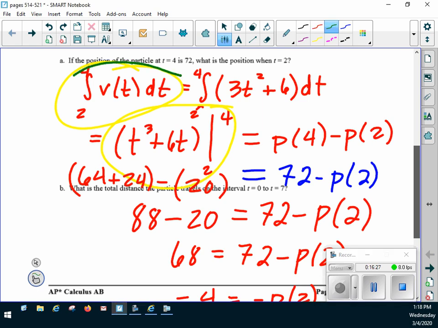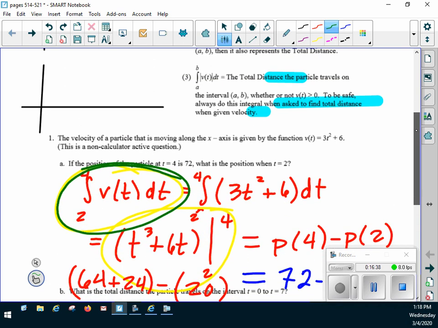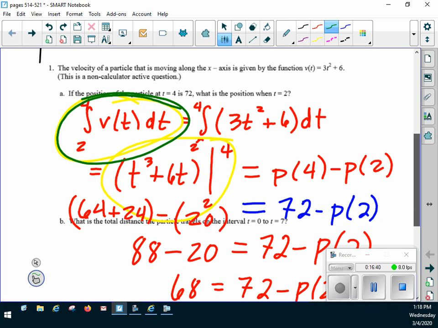When we do this, what we are finding, keep in mind the velocity, let's see, we don't have any units. If we integrate velocity, what we're getting is total distance traveled, or net distance. I should say net distance traveled, right?